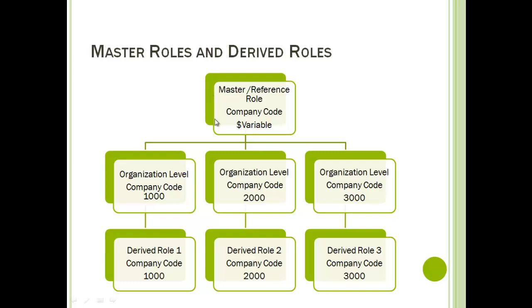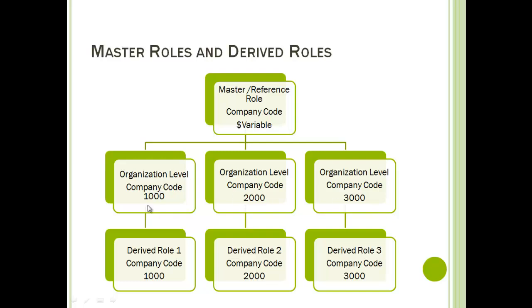Meaning, if we have a collection of authorization objects which we have developed for a specific function or position, which will have quite a lot of objects, this will remain the same for each derived role. The difference is only the organization levels. In our example we said 1,000 and 2,000 and 3,000 with different company codes.